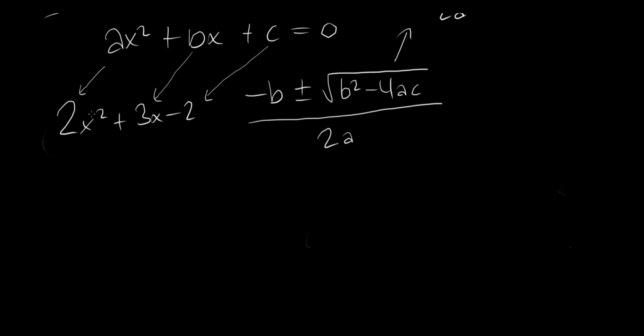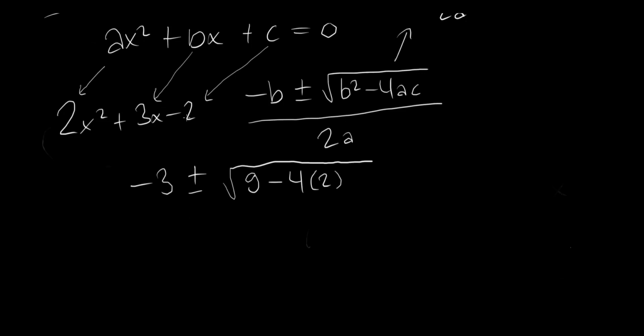So let's just substitute this into the quadratic formula. Right here we have negative b, so b is 3 and negative b is negative 3, plus minus the square root of b squared, which is 3 squared, which is 9, minus 4 times a, which is 2 as we know, times c.